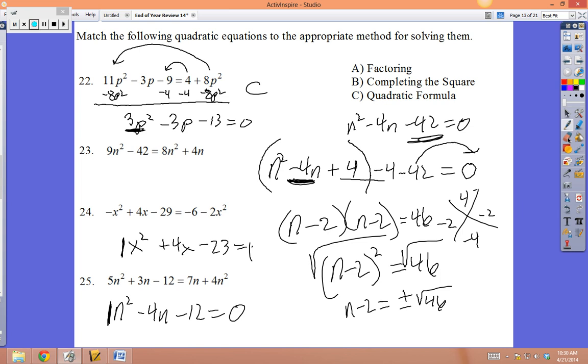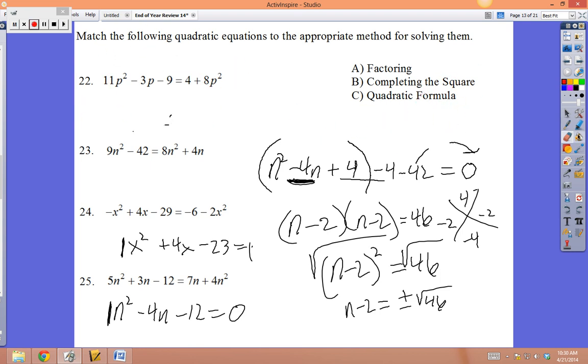And now you got to pull some squares out of 46. So 46, what's going to come out of 46? 46 is the same as 2 times 23.